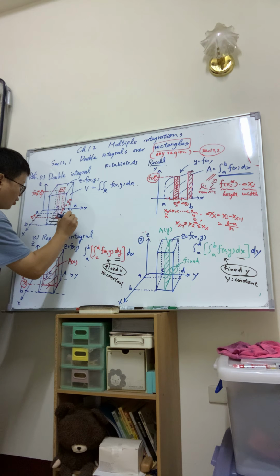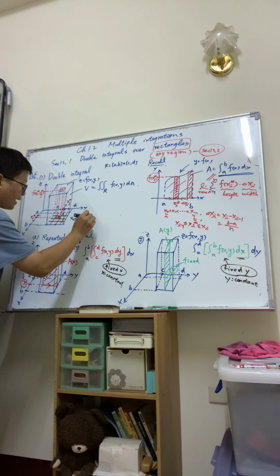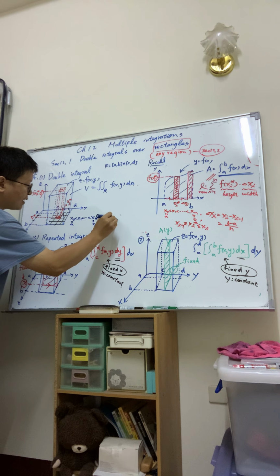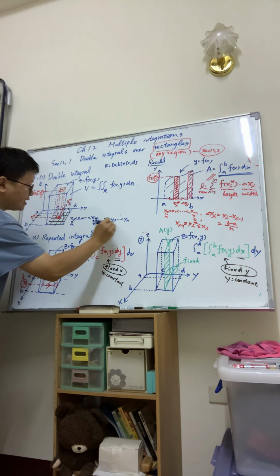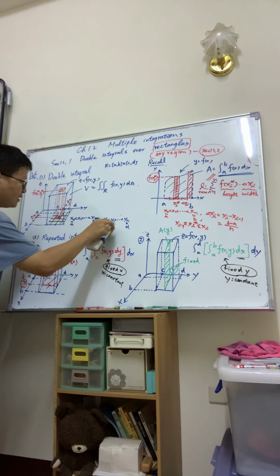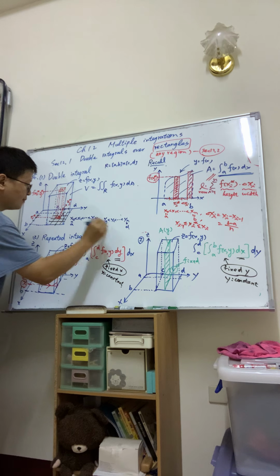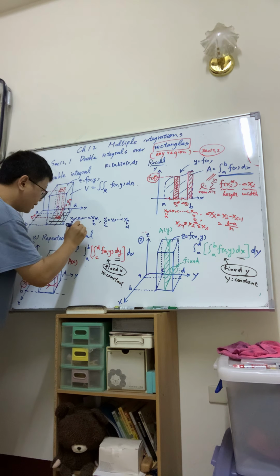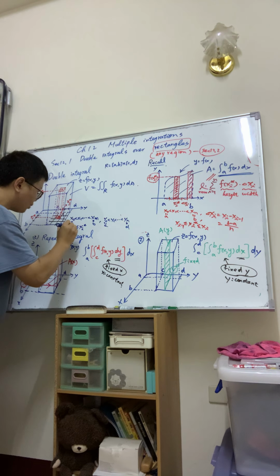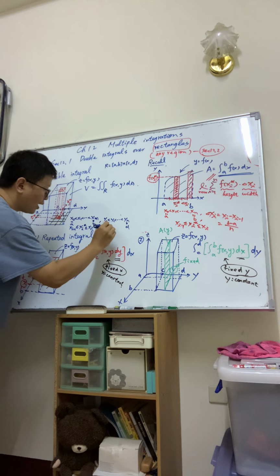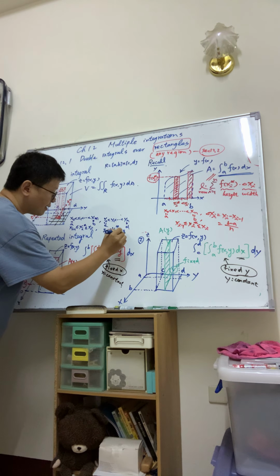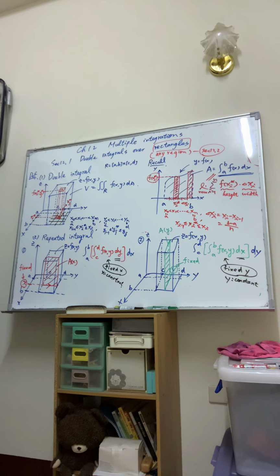So we have x0, x1 until xn, and x0 is our A, xn is our B. And y0, y1 until yn, where y0 is our C and yn is our D. And xi star is between xi subtract 1 and xi, and yj star is between yj subtract 1 and yj.